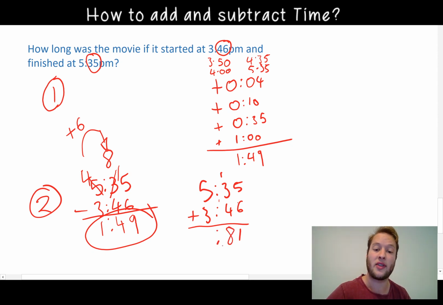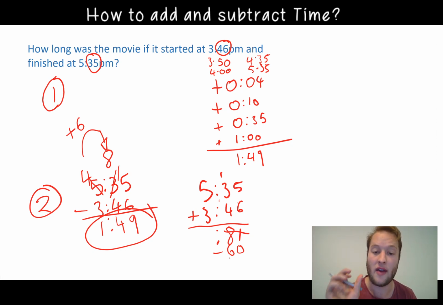Because I can't have such a thing as 81 minutes, I'm actually going to have to convert this. So instead of 81 minutes, I'm actually going to have to cross out my 81 and take away 60, because you can only have a possible of 59 in the minute section because it stops when it gets to 60.